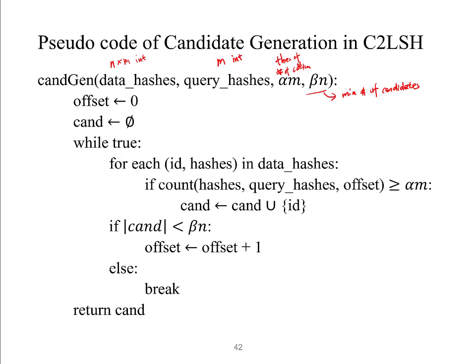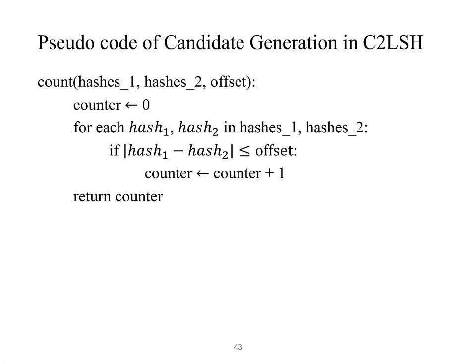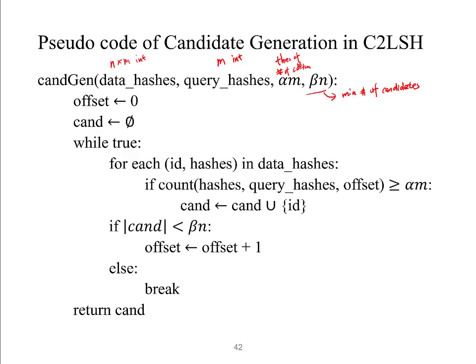Within the while loop, for each data with its hashes in data hashes, we do the count. I will show you the pseudocode of count later. For the count, we need hashes, which is from here, query hashes from the input, and offsets from here.